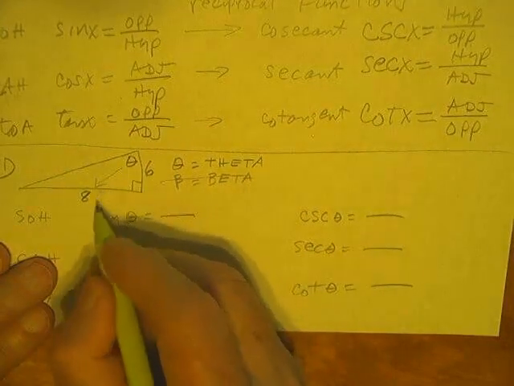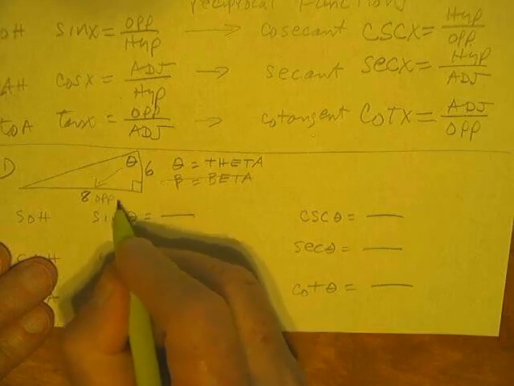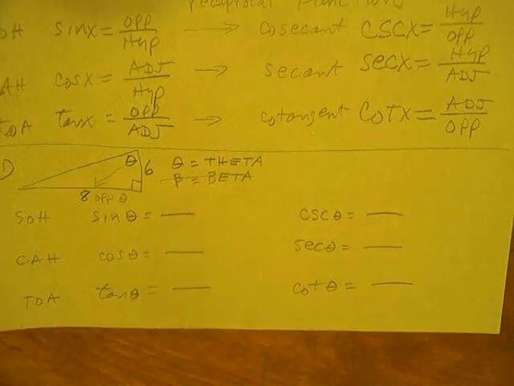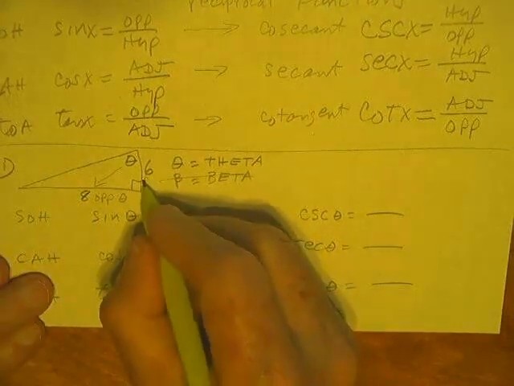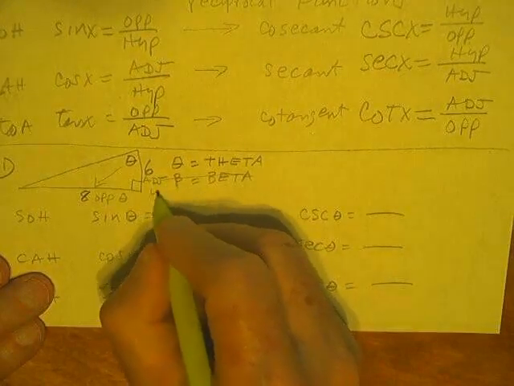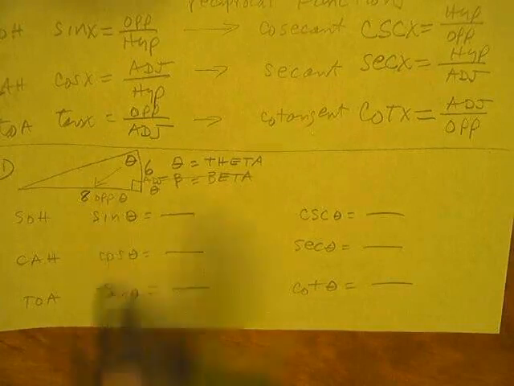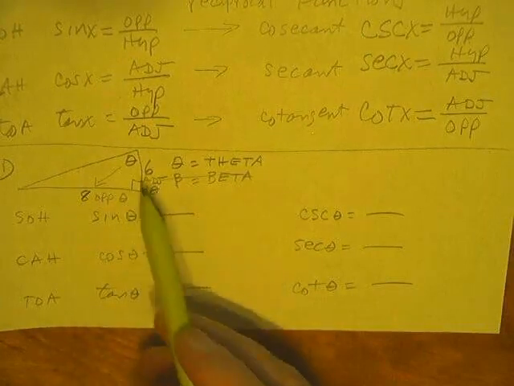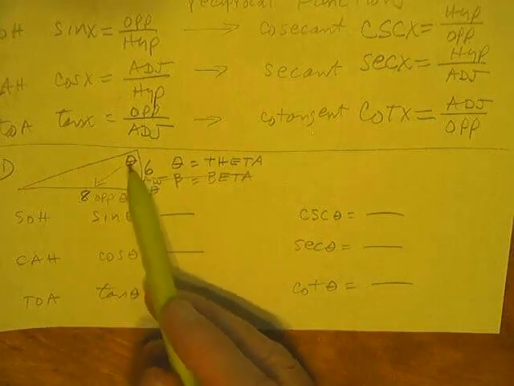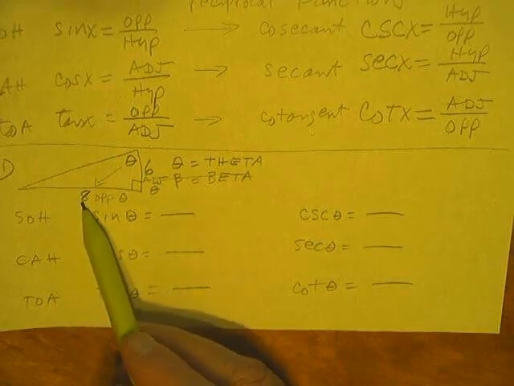Well, notice this side over here is opposite angle theta. This side is adjacent to theta. So sometimes we get asked, well, I don't know which side is the opposite. We'll look as far away from that acute angle as you can look, and you see 8.